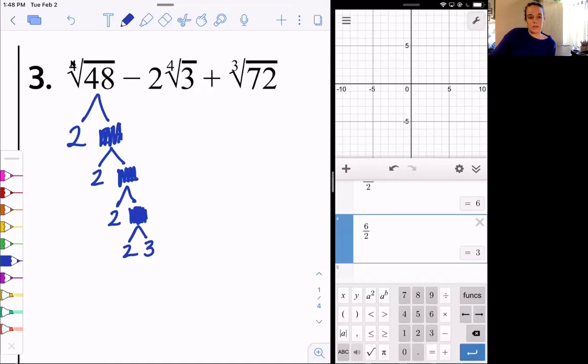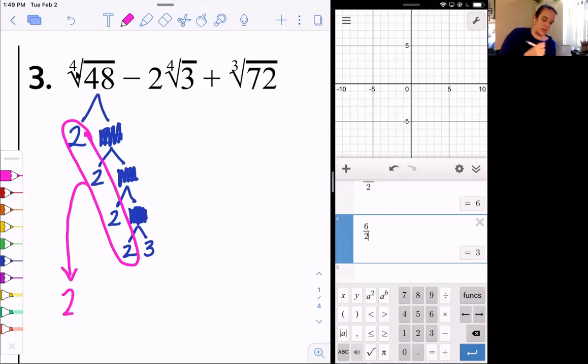It means we need how many of a kind? Absolutely, 4 of a kind. So I need 4 of the same number in order to go in here. So I would have 1, 2, 3, 4 2s. All 4 of those 2s are going to combine together to make one 2 on the outside. I don't have any more groups, so that 3 is going to stay on the inside, just like this.